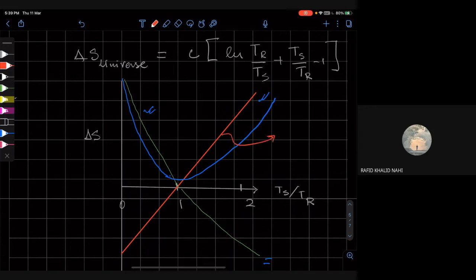This is the change of the entropy of the reservoir. And similarly, this is the change of the entropy of the system, and that has a logarithmic behavior. That too has a part where it is negative and a part where it is positive. Now the universe is the sum of the system and the reservoir, and here we see that that is always positive.